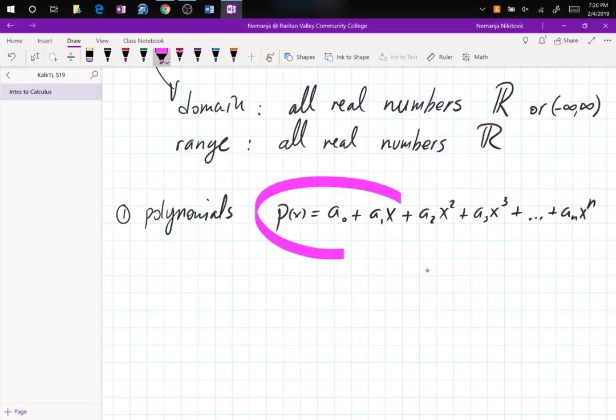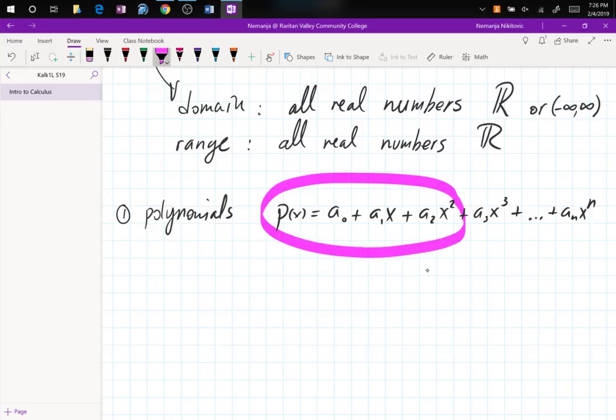If you use the first two terms, you have your linear lines, y equals mx plus b. Your m is a1, your b is a0. So all of your linear lines are also part of the polynomial family. Clearly, the next one is quadratic, with your ax squared plus bx plus c, quadratic formulas and all of that stuff that you know from your previous courses.